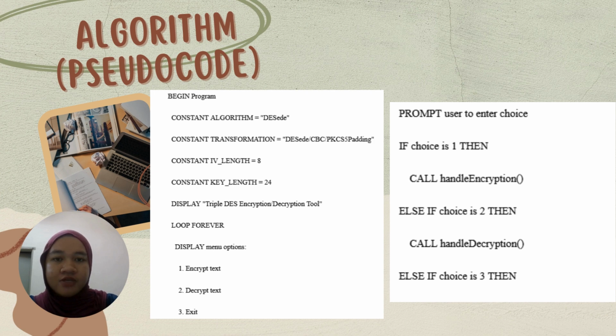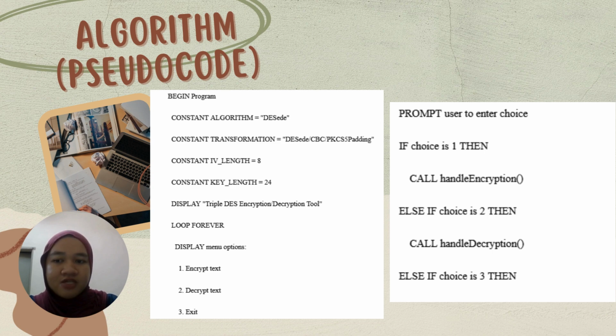Okay, next for algorithm pseudocode. This program is a simple Triple DES encryption and decryption tool that runs in a loop, allowing users to choose between encrypting text, decrypting encrypted text, or exiting the program. When the user selects encryption, they are asked to enter a plain text message and a key.